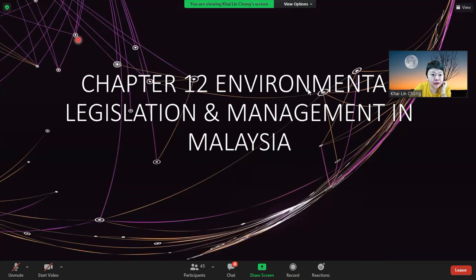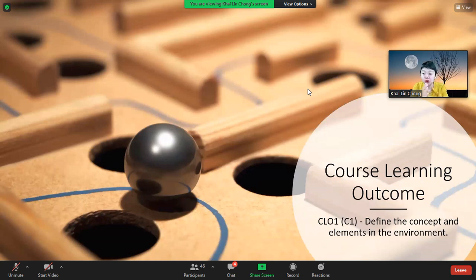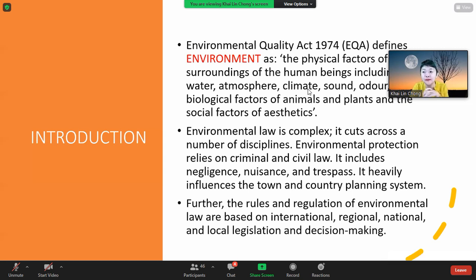Dari sini connect ke sini. So this is the functions of the rules and regulations that we have in Malaysia. Okay, so this is only for your knowledge. CLO 1 sahaja, to define the concepts. So it's for your understanding. Okay, so introductions. Tengoklah introduction yang tak best. Penuh dengan tulisan kan.